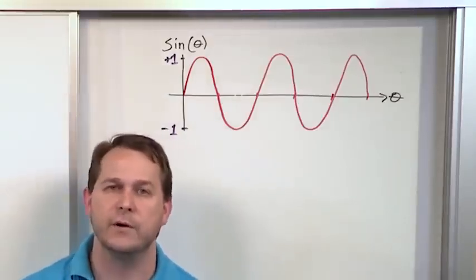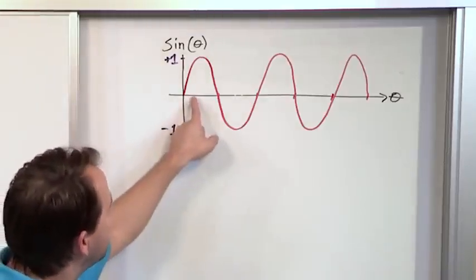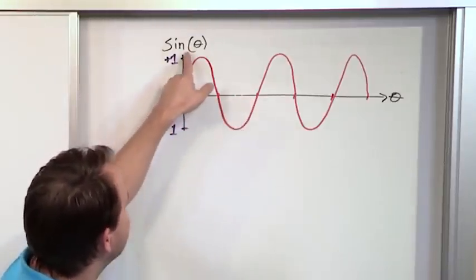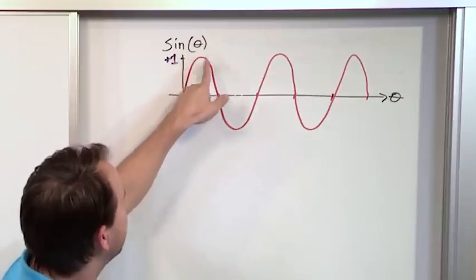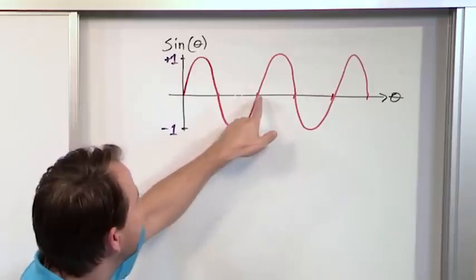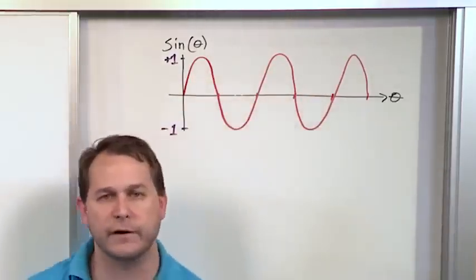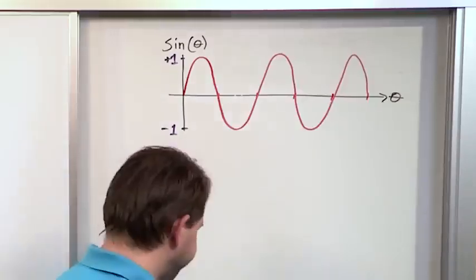So it's important that you have some familiarity with degrees and radians. I already talked about that a little bit. Basically, you're plotting the angle in here and you're getting the sine function as a result of that angle. So it goes up, it goes through 0, it goes to negative, goes through 0, and you can see it's cyclic. It just keeps doing the same thing over and over and over again forever, basically.